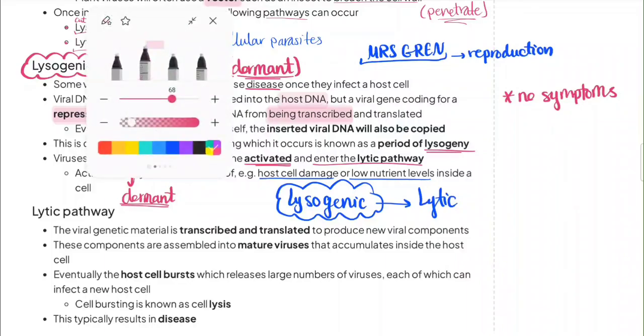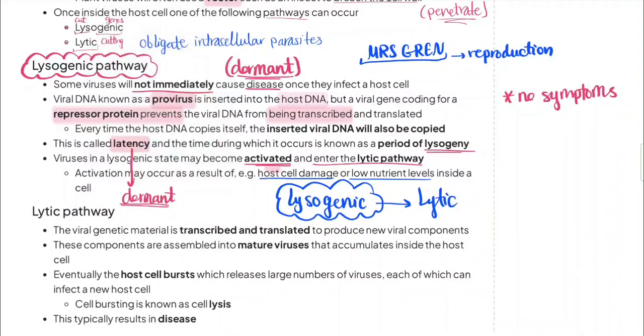It becomes activated when the host cell is damaged. As an example, take the bacteria: if the cell surface membrane of the bacteria ruptures or lyses, this is a clue that the host cell damage caused it to move into the lytic cycle.